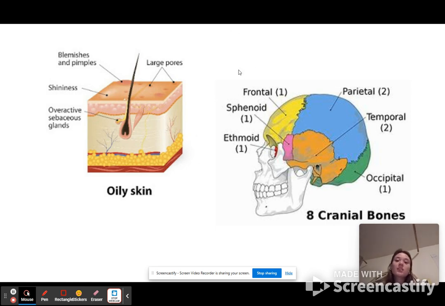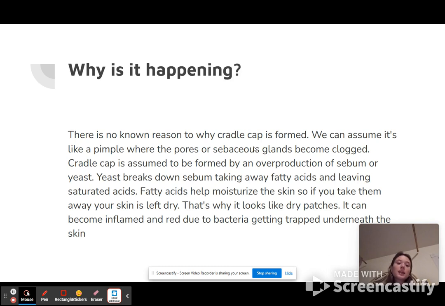And that's why it looks kind of cakey. And then here's a picture of where it can be on your head: your parietal, temporal, occipital, frontal. It's obviously not on the bone. It's going to be on the skin, but that's just a general idea of where you would see it.